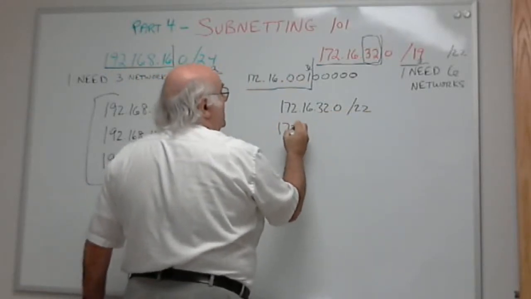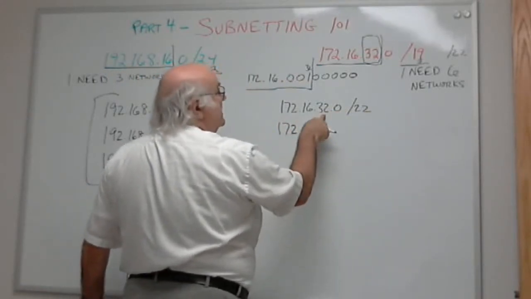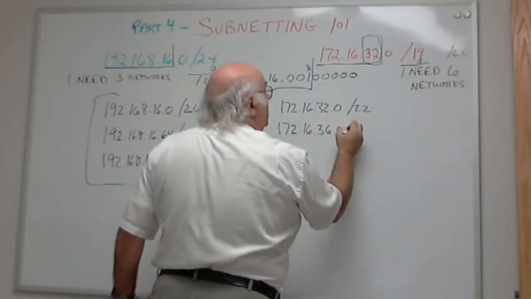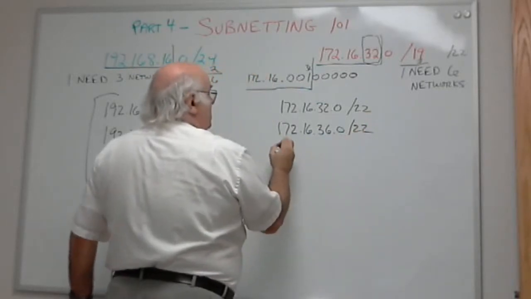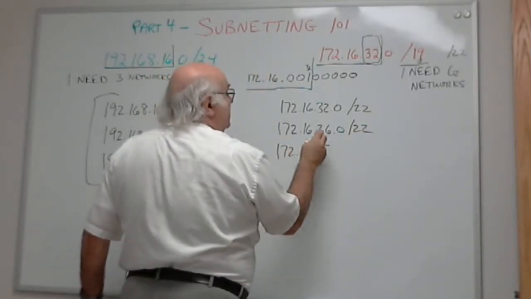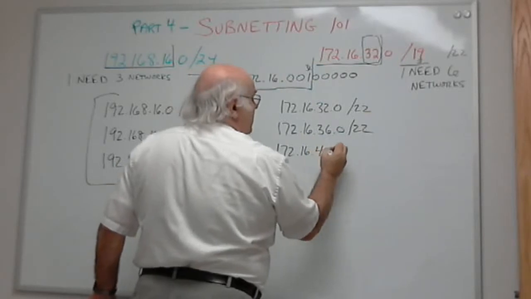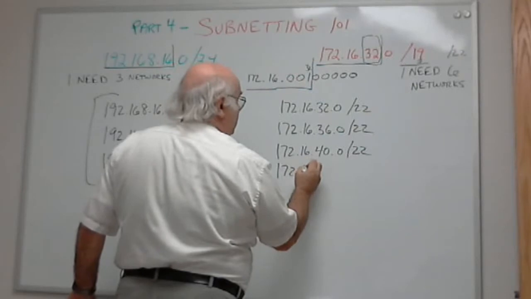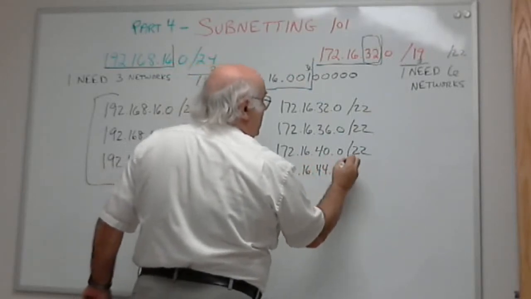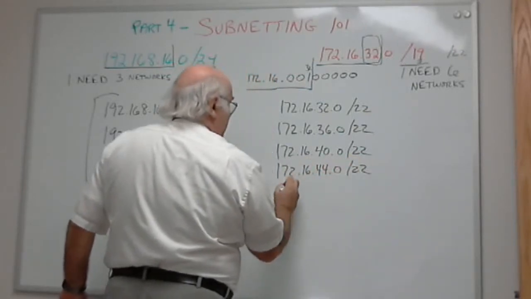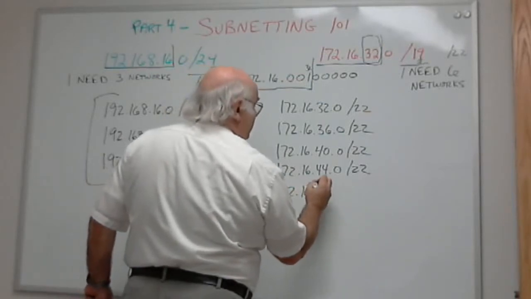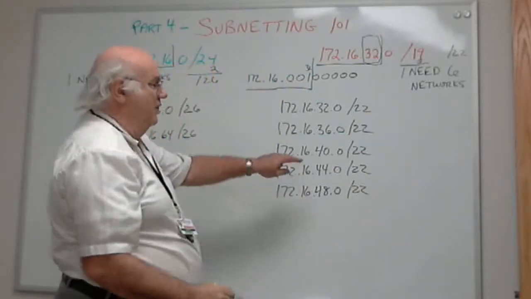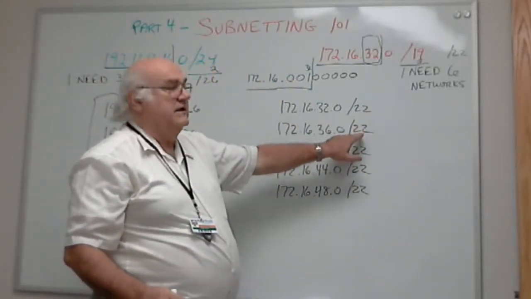My next network will be 172.16, 32 plus 4, 36.0, then 172.16.40.0, 172.16.44.0, 172.16.48.0. The reason I keep adding 4 is because these are all /22.